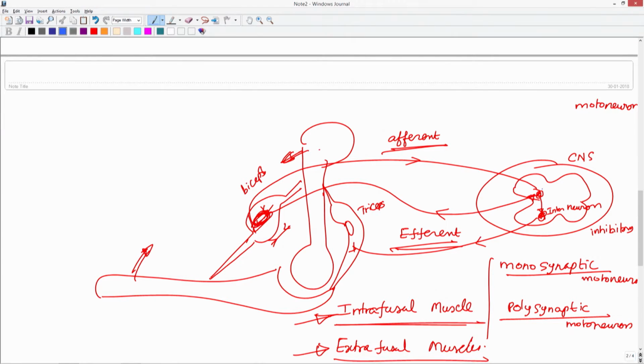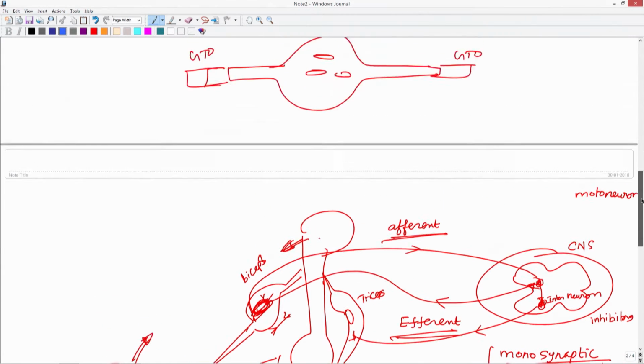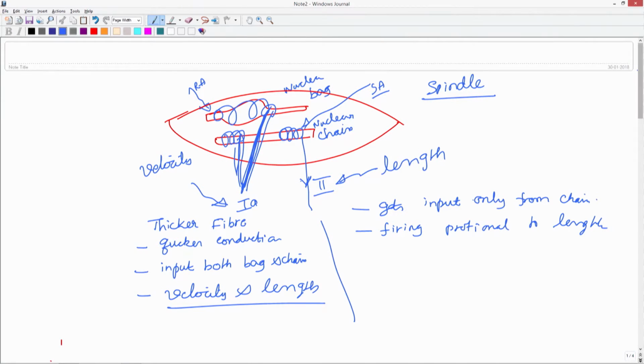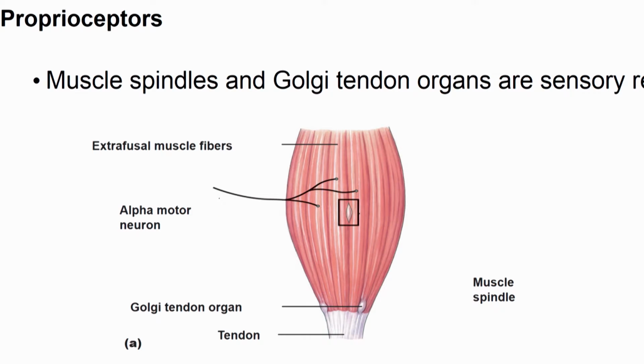Okay. These motor neurons can be alpha motor neuron or gamma motor neuron. We are going to talk about 2 different things. I will explain why we need a gamma motor neuron in a few moments. Okay.